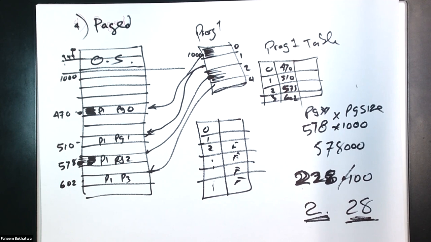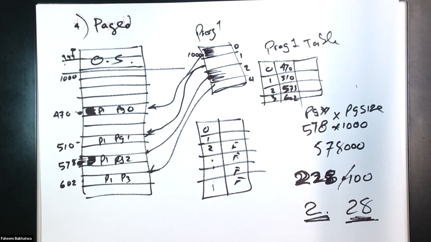or 3,500 bytes, the first one will be 1,000, 2,000, 3,000. The last page, when you put it there, always the last page of every program does not fill the page. Most of the time, not always, but in 90% of the cases, you never get exactly a program that divides exactly in page sizes.